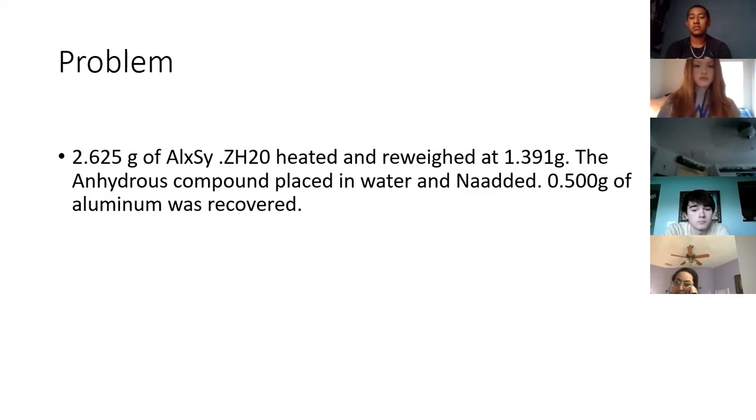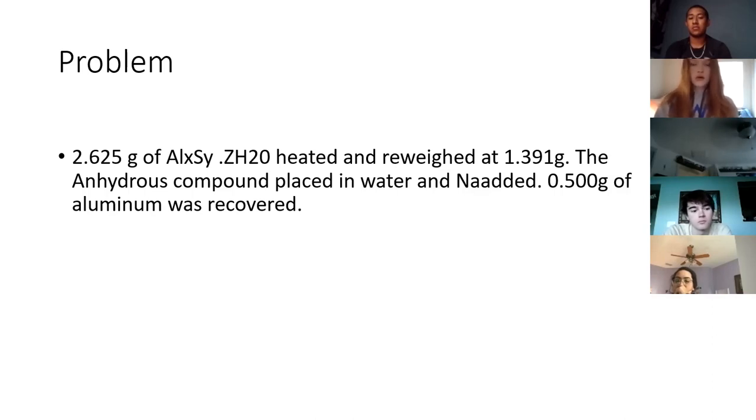Now, riddle me this, Batman. I've got 2 of the 3. I now need the weight of the sulfur. How do I get the weight of the sulfur? You would subtract the 1.391 and the 0.5. And then you would get like 0.891.